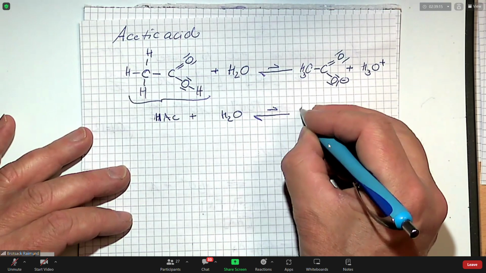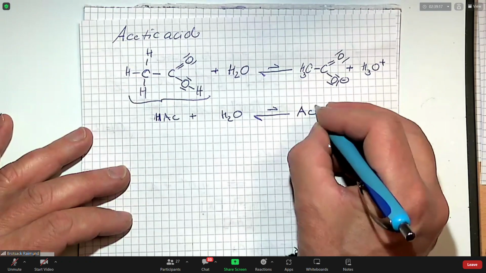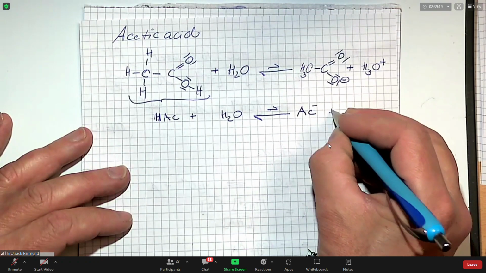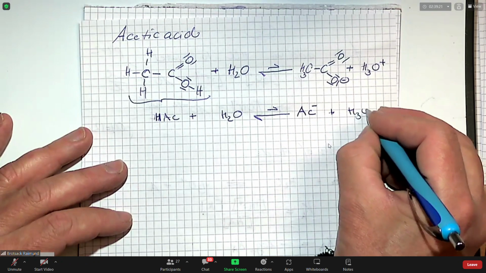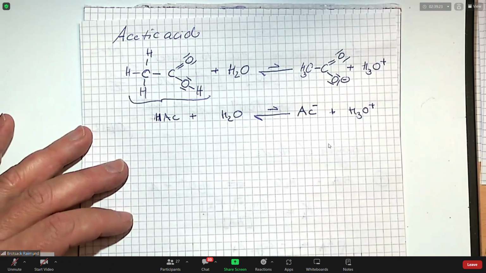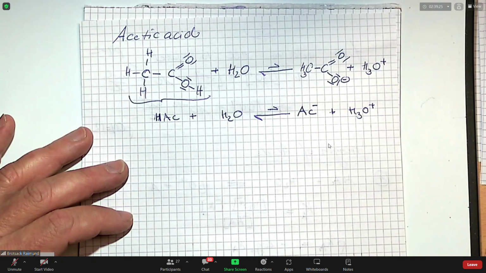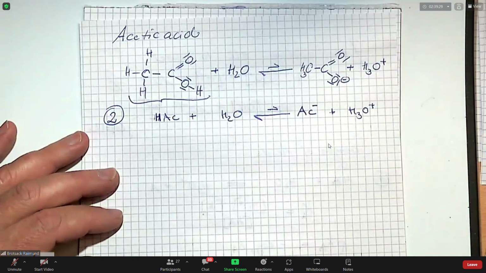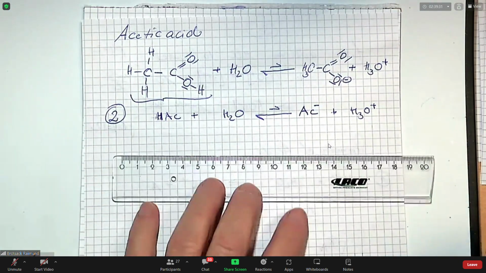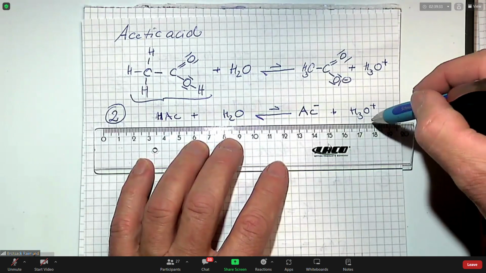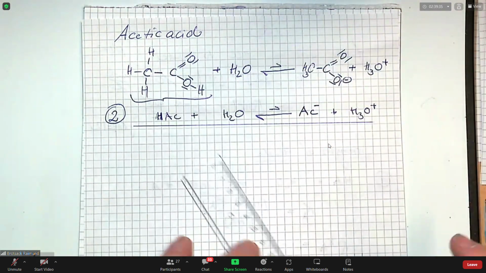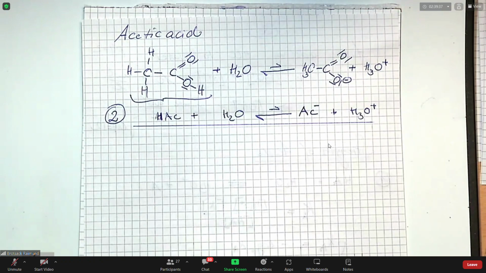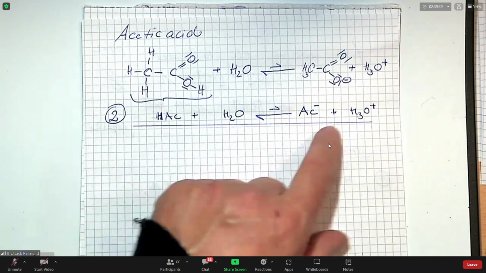And then we have the acetic anion plus H3O plus. This is now our example 2, in short, to have less effort to write the chemical structure above.